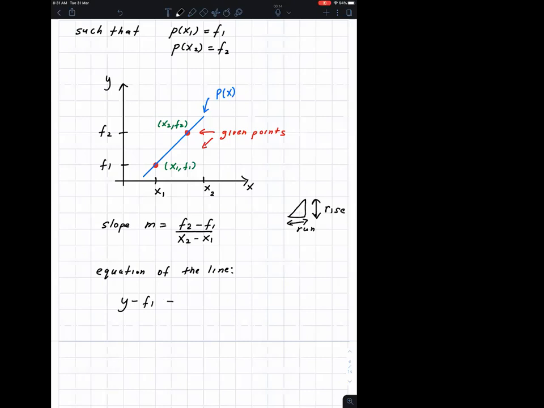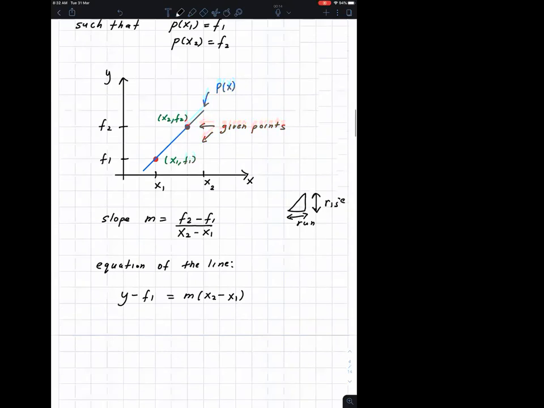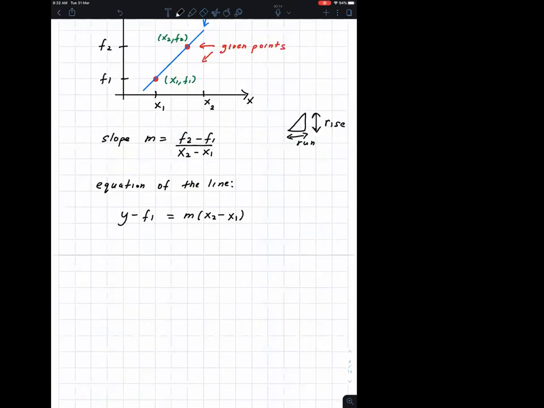Do you still remember how to write the equation of a straight line? This is the equation of the straight line. Any question?